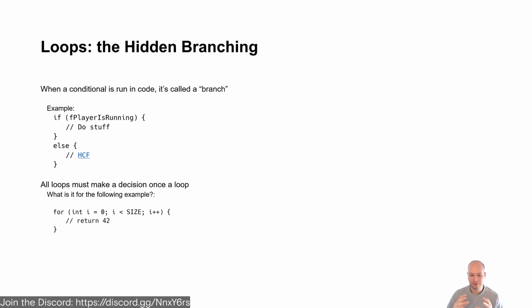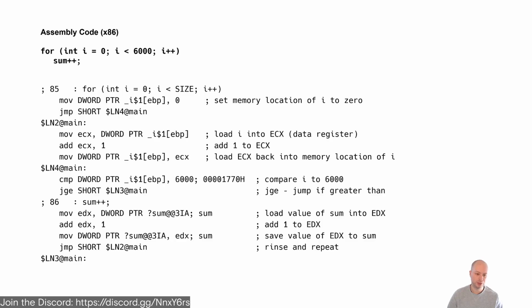Ultimately, every loop has to make a decision every single iteration. So we're going through this loop, and we eventually want to return the value 42, and we're always checking, are we less than 42, or the size, or whatever. So we're always doing this branch check, branch on conditional, or a jump on conditional.